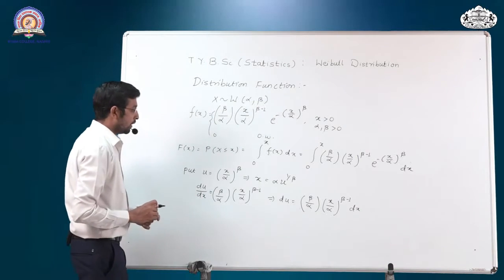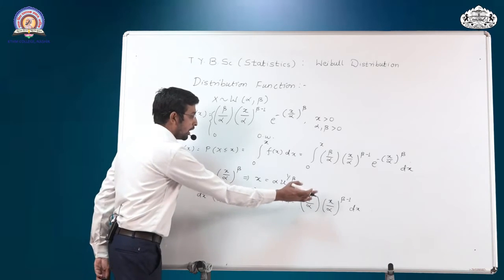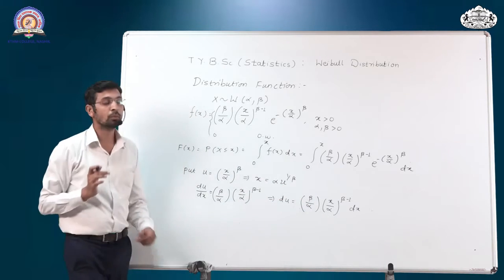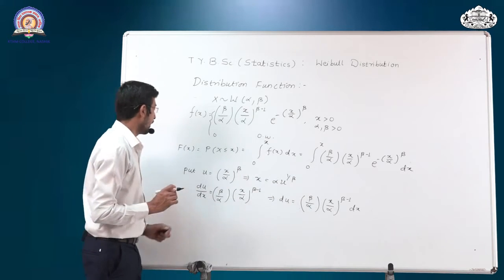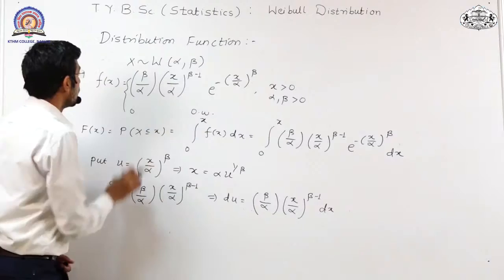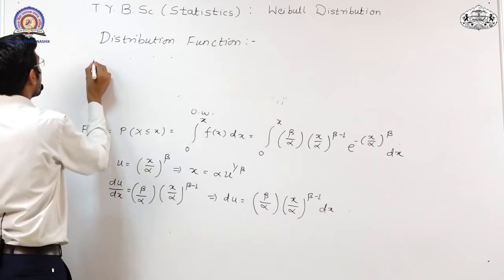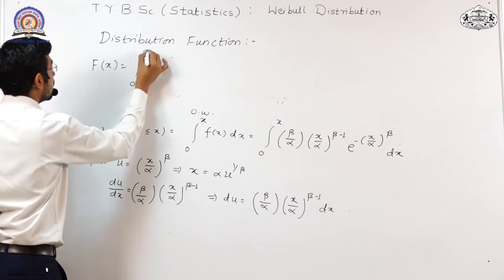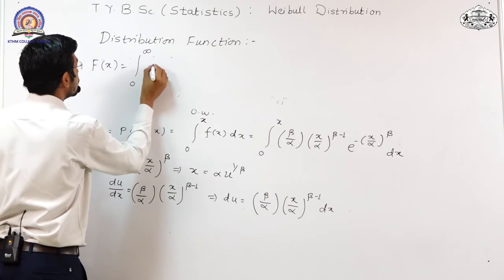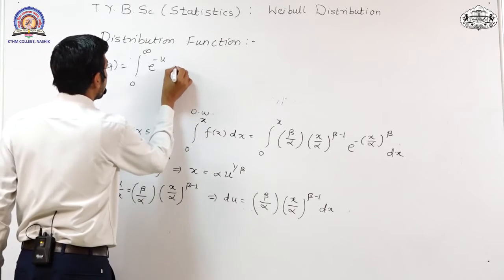Now I have put the value of beta upon alpha (x upon alpha) raised to beta minus 1 into dx into the f of x function. Then we get F of x is equal to the integration over 0 to infinity of e raised to minus u into du.